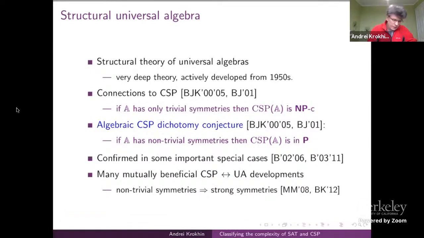In particular, a series of papers, for example, by Maróti and McKenzie and Bulatov-Zhuk, prove that if you have non-trivial symmetries, they actually have very strong symmetries, there is some kind of algebraic dichotomy there. You don't have just moderately weak non-trivial symmetries. Either you have trivial symmetries or strong ones, which was excellent, of course.